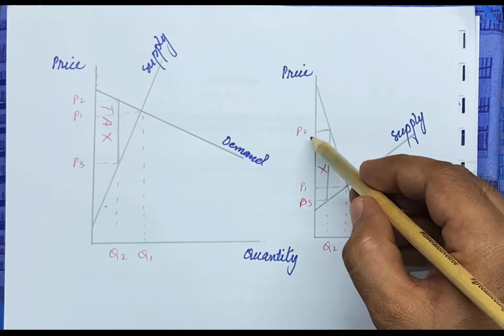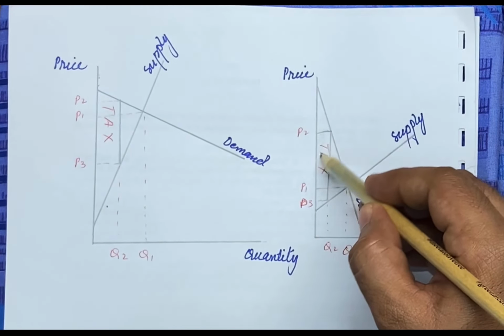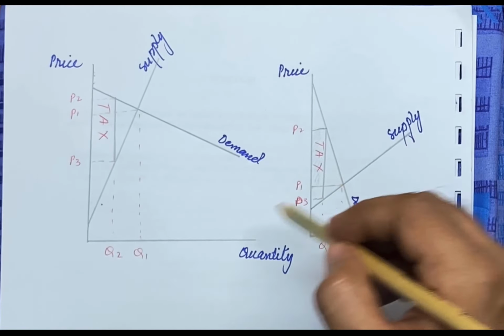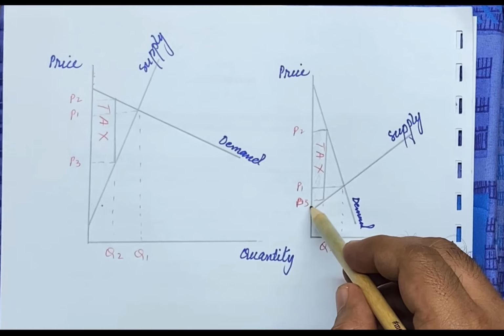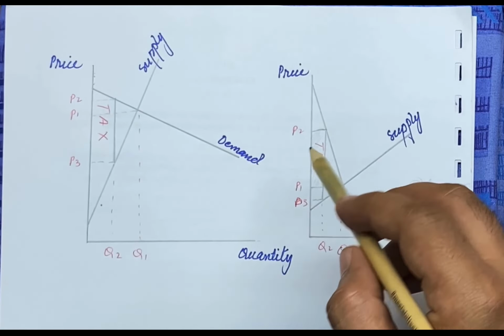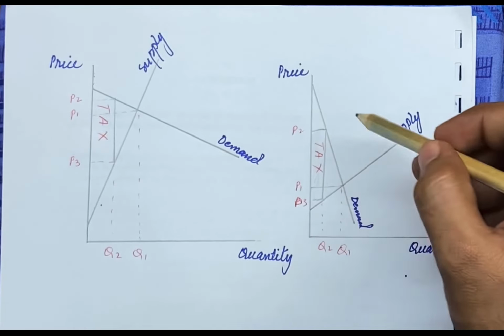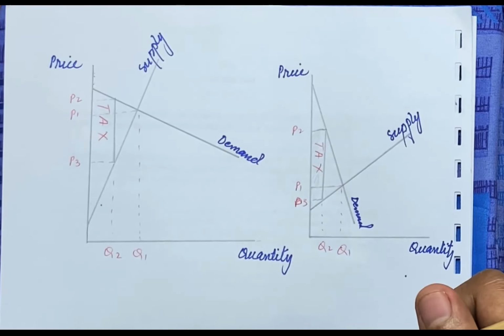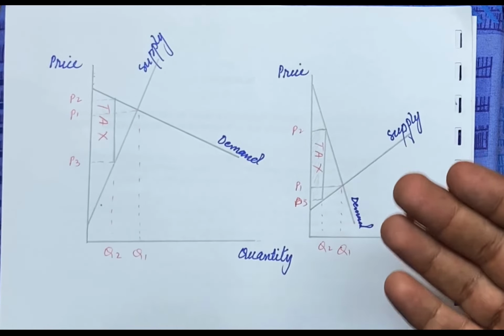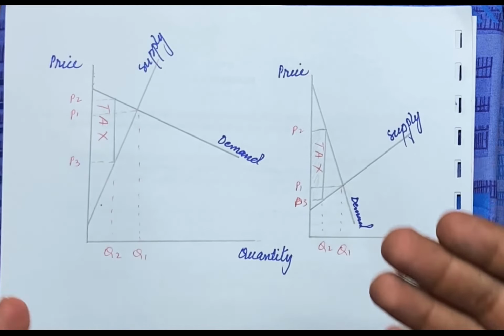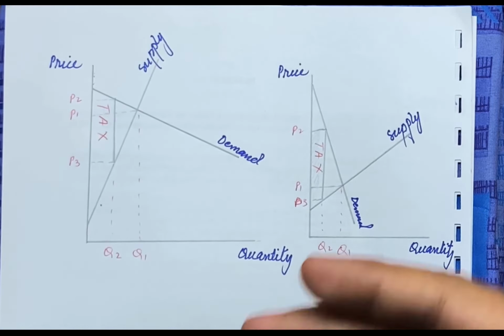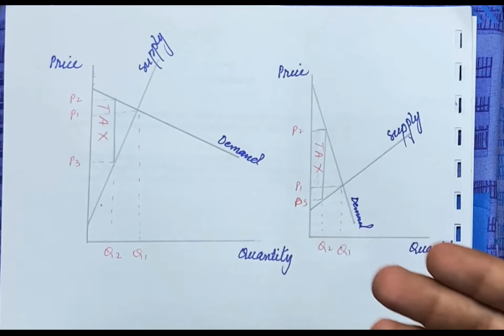A huge portion of consumer surplus will go to the government, and a smaller portion from the producer will go to the government. Even though only a little consumer surplus or producer surplus is left, it's still not that much loss for the producer as compared to the consumer. So this is how, if the graphs are different in elasticity, the damage from the government is varied because of the difference in elasticity.